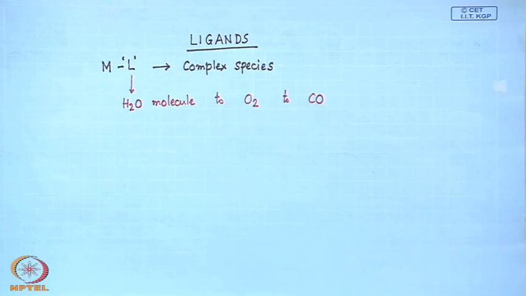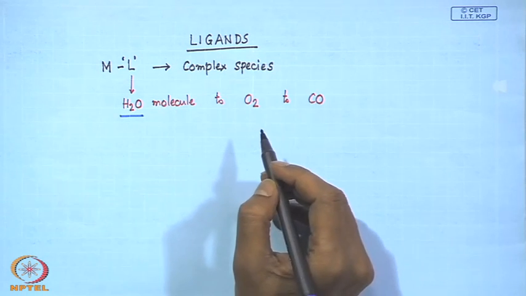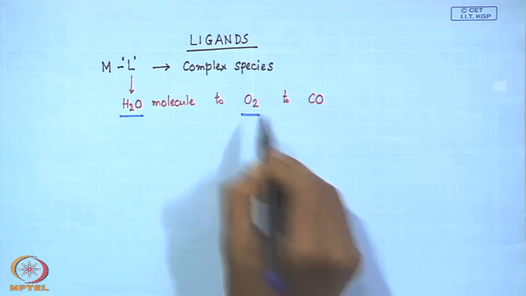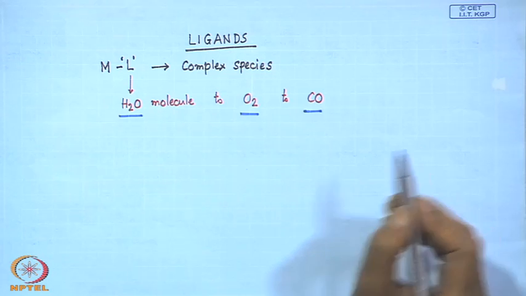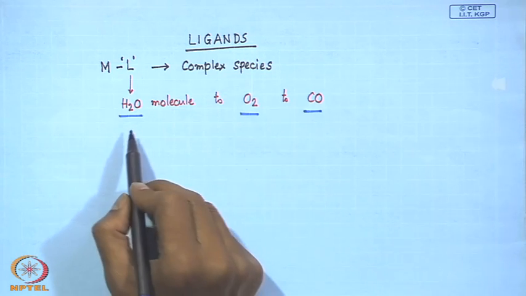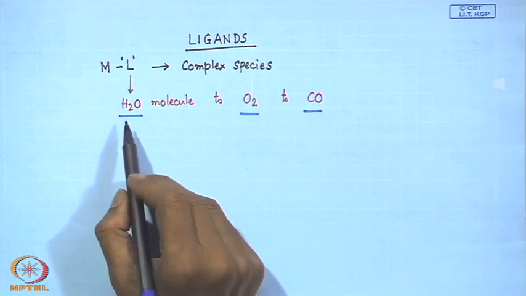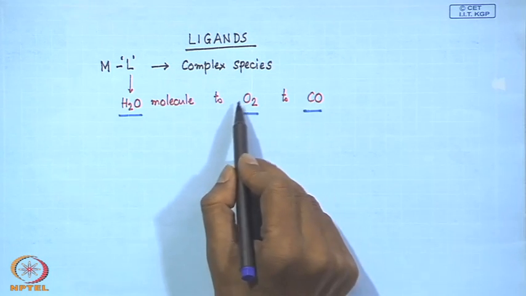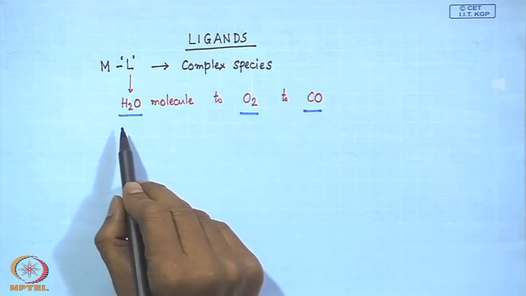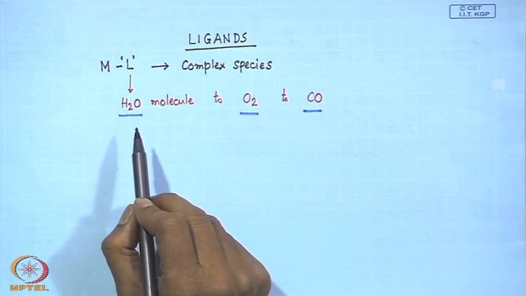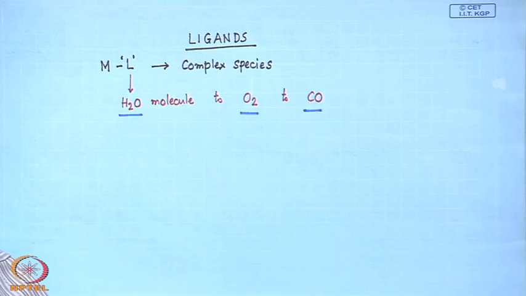If the water molecule, the dioxygen molecule or the CO molecule interact with the metal center and modify the properties of the metal center as well as their own properties, then we can consider that these species are behaving as a ligand when they are surrounding the typical metal species.